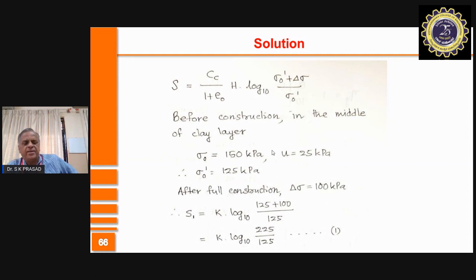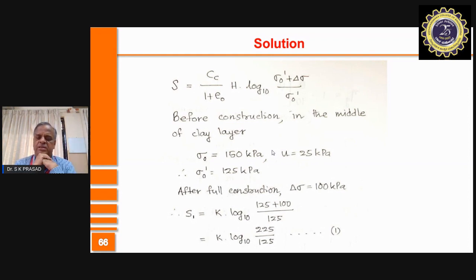Therefore, effective stress sigma naught dash is sigma naught minus u, that is 125 kilonewton per meter squared. After full construction, delta sigma, that is the increase in pressure due to the structure, is given as 100 kilopascals.